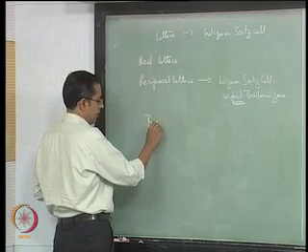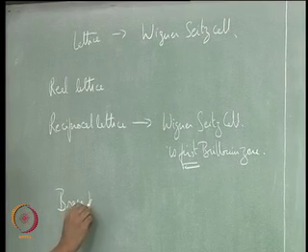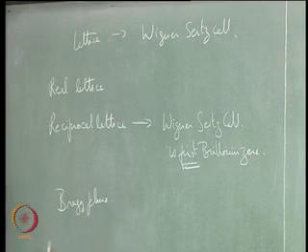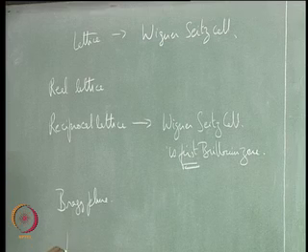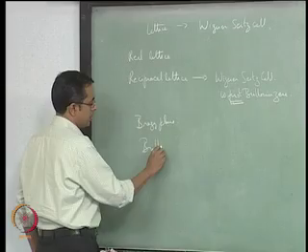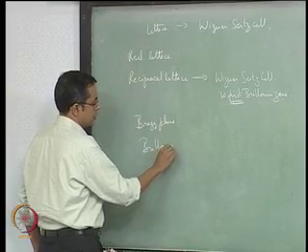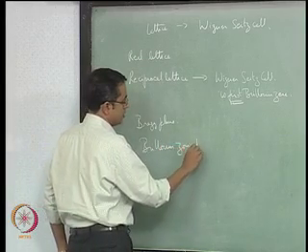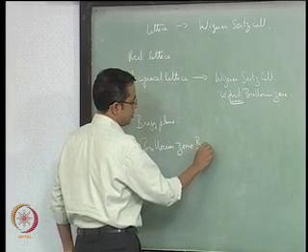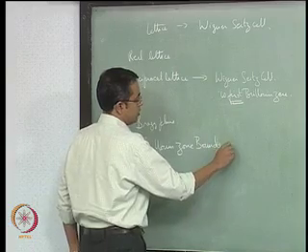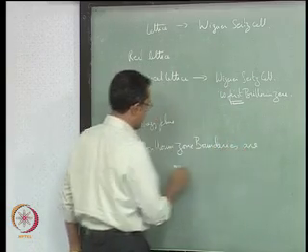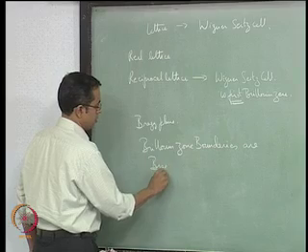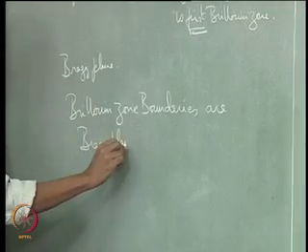And we have defined what is a Bragg plane. So based on what we have done so far, we realize that Brillouin zone boundaries are Bragg planes. Okay.